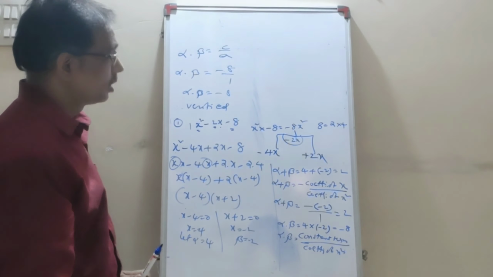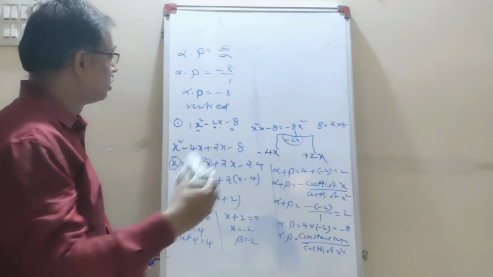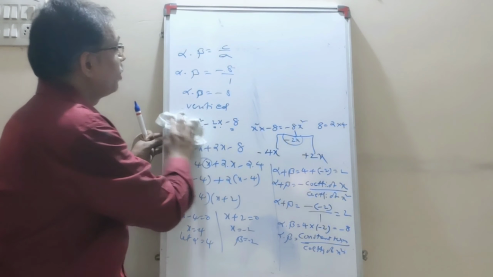And next, if alpha and beta are given, if two zeros are given, we will ask to find the quadratic polynomial.